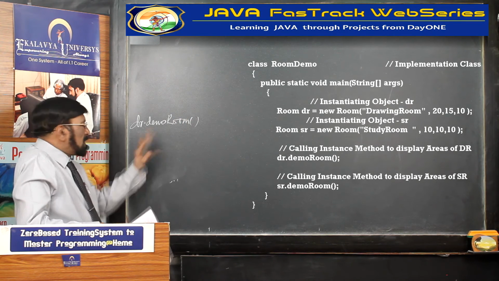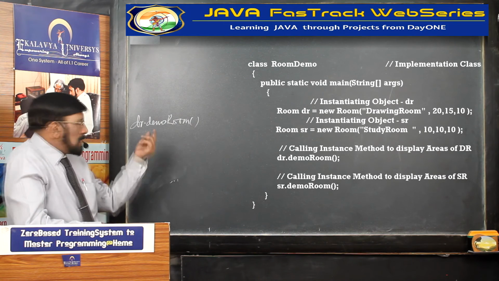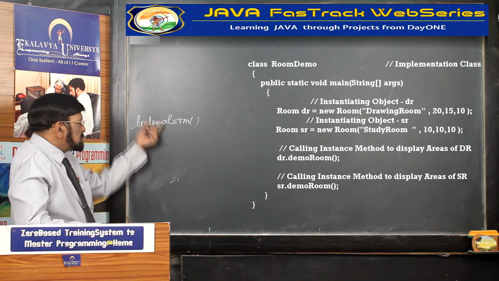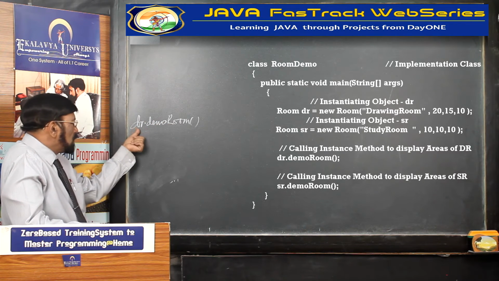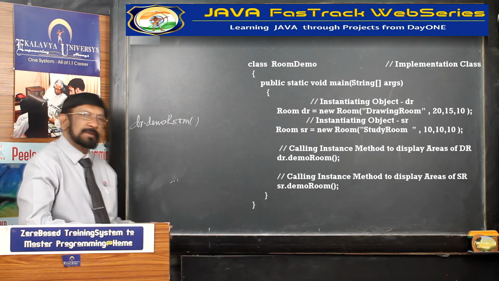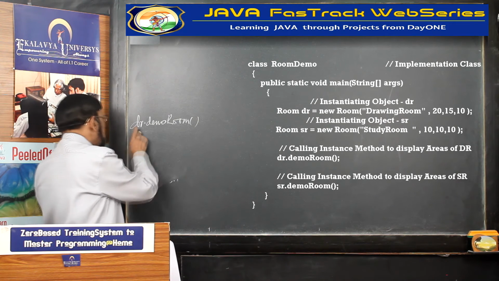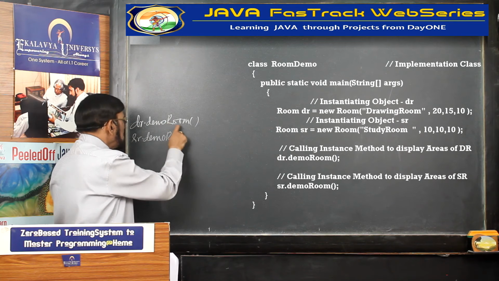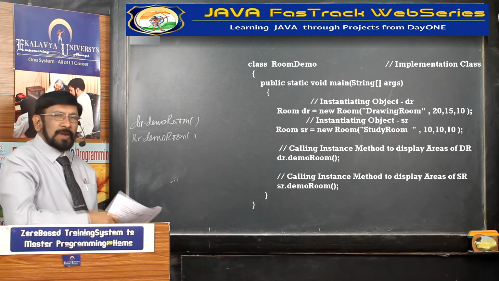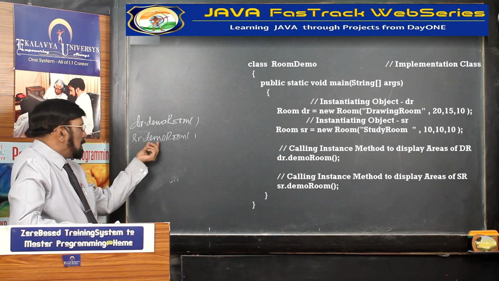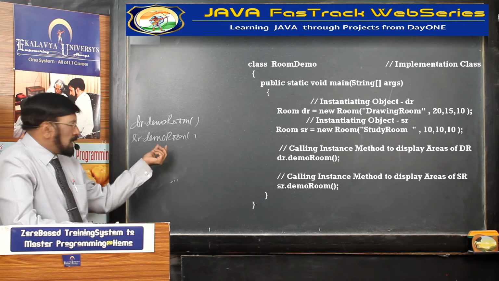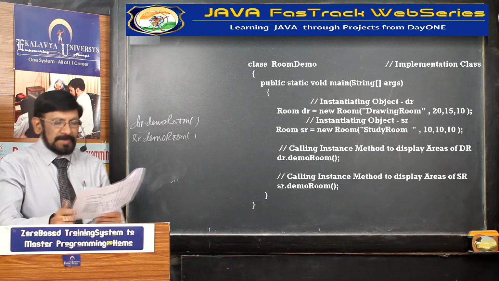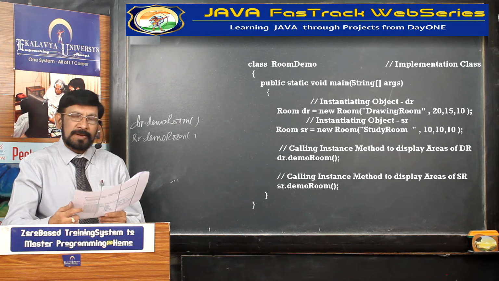If you call it, what does it mean? You are asking the program to display the dimensions of the drawing room object in the format. If you write sr.demoRoom(), you are asking the program to display the dimensions of the study room in the format. As a result, both are displayed.